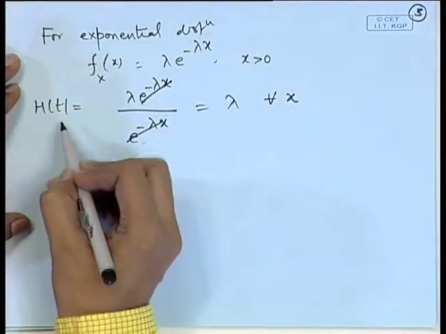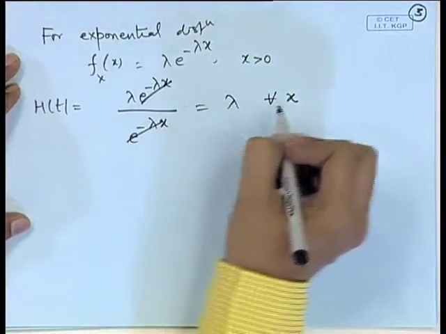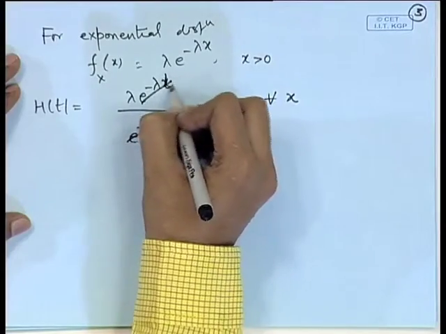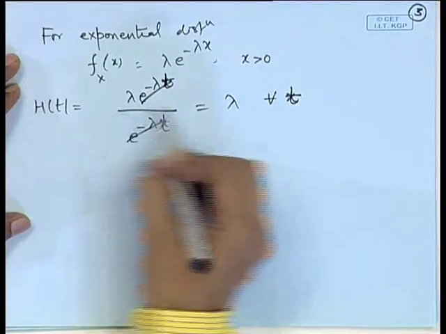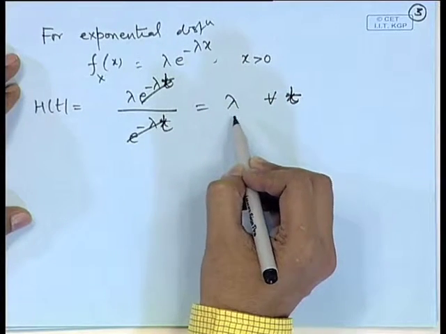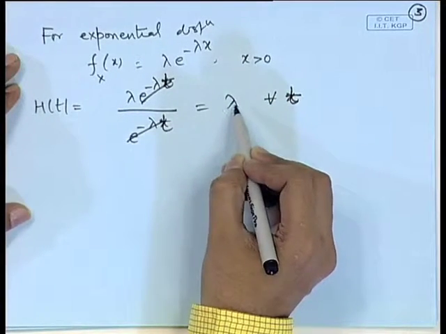That means the hazard rate function, let us put t here in place of x, of the exponential distribution is independent of time, that means constant failure rate.